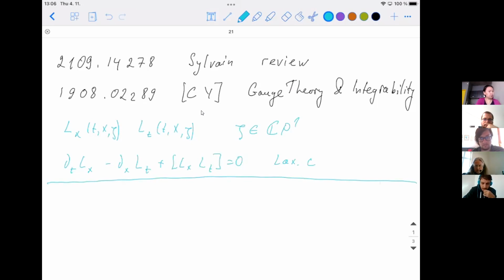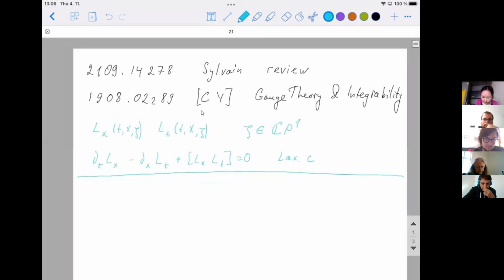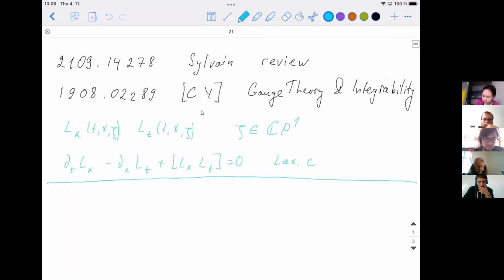If you look at the three-dimensional Chern-Simons theory, we can just write it in components.